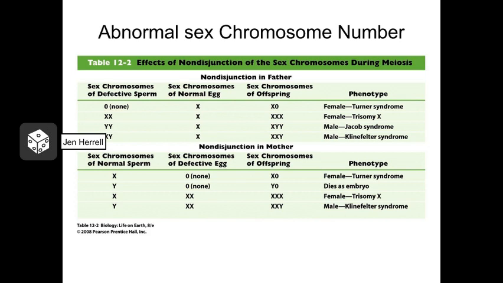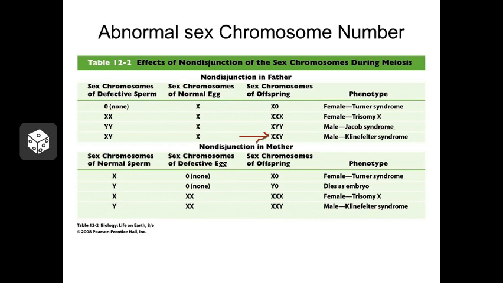Males can also have an abnormal number of sex chromosomes. For instance, some individuals have an extra Y chromosome, XYY. This is known as Jacobs syndrome or super male condition. Individuals with this syndrome can have heightened aggression and decreased fertility, among other symptoms. It's also possible to have an extra X chromosome.